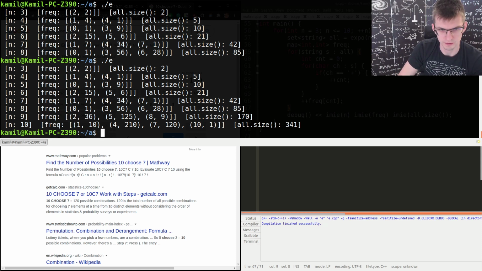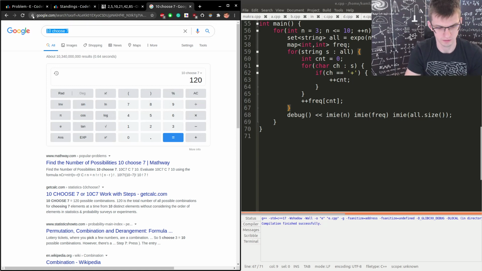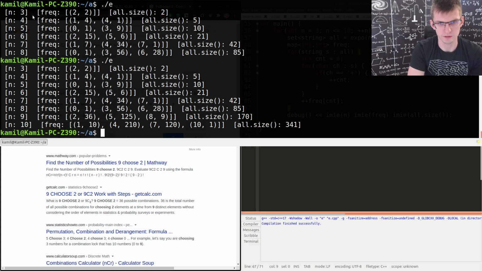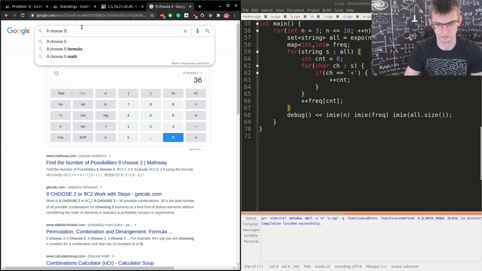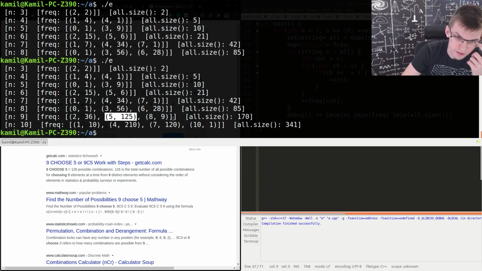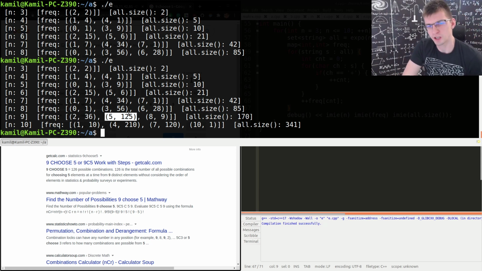For 9, 36. Here 1 is impossible, and then 9 choose 8 is obviously 9. The one I marked, it should be 126.